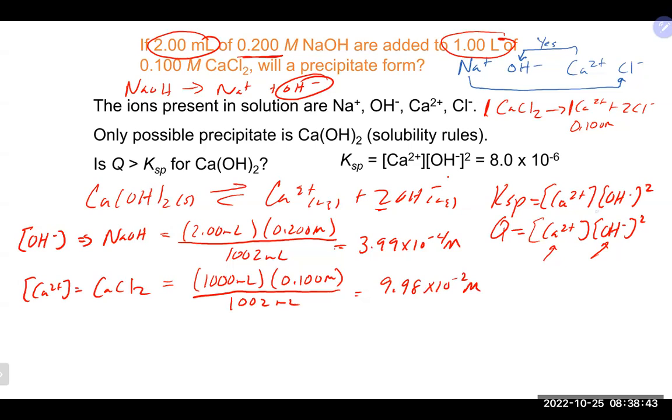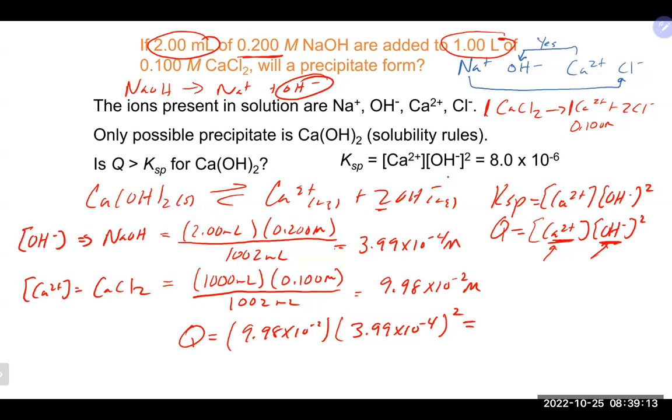So at this point, we have the concentration, obviously, of our calcium. We have the concentration of our hydroxide. So we can put it into our Q. So our Q here would equal our calcium, which is 9.98 times 10 to the minus 2. Our hydroxide, which is 3.99 times 10 to the minus 4. And we are going to make sure we square our hydroxide there.